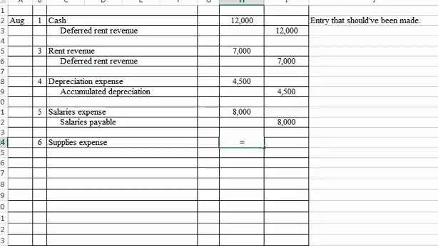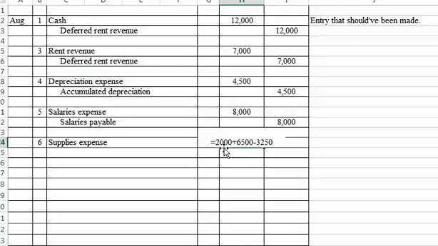If we want to know the cost of supplies used during the year, what we do is take the beginning balance, which was $2,000. Let's add what they purchased during the year, which was $6,500. And then we're going to subtract what's left in inventory at the end of the year, $3,250. And that will give us the amount of supplies used during the year.